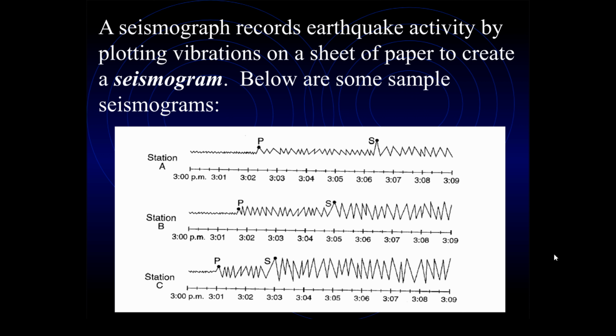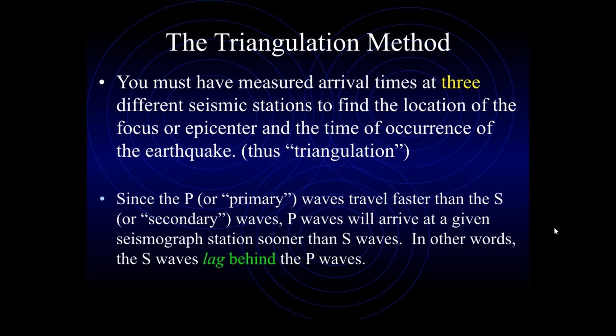We're going to look at how to interpret this, but basically you're going to see where the first spike is and bring it down to your timeline. Where your second spike is, bring it down to your timeline, and then we're going to determine how much time is in between here. So you again have to have 3 different seismic stations. The P waves travel faster than the S waves, and we're going to be looking to determine the lag, the amount of time in between the S wave and the P wave.